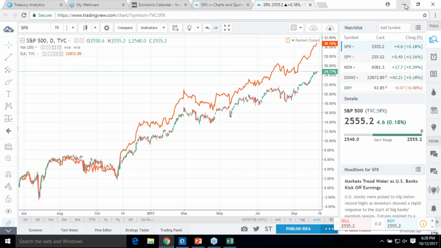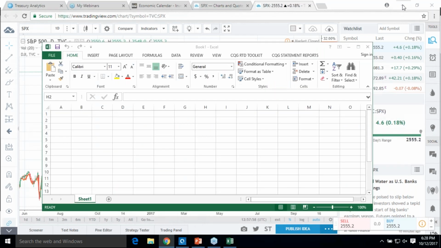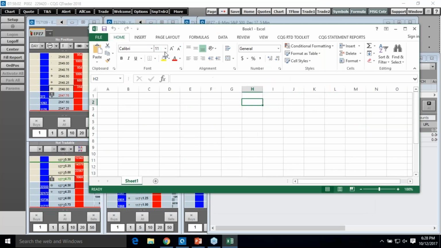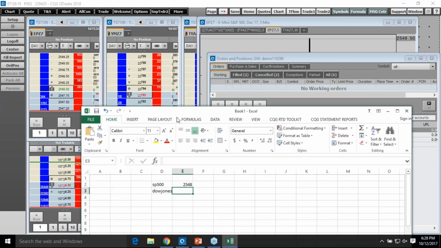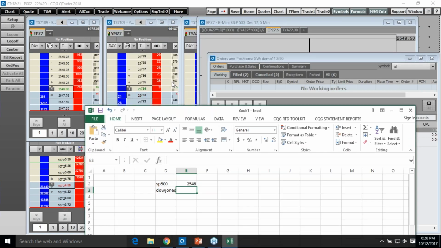So for you to be able to do that successfully, the trick that is used by professional traders is, I would say this is my S&P 500, this is my Dow Jones, right? So S&P 500 currently is trading at about 25.48 on the futures, and the Dow Jones is trading at 22,794.